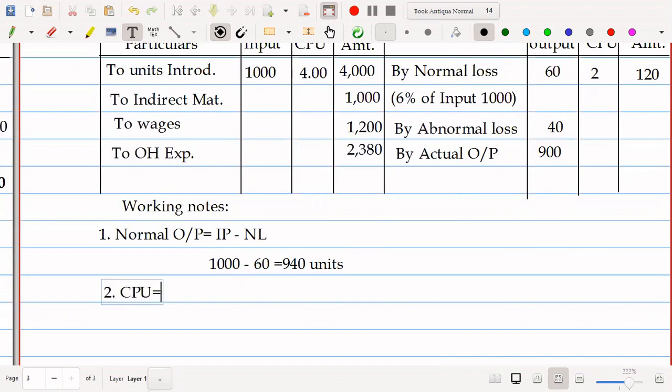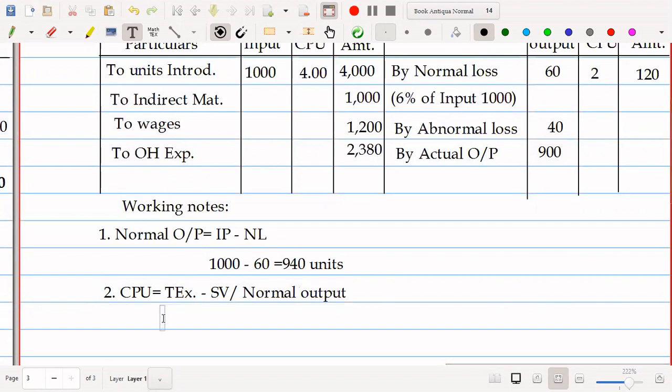CPU is equal to total expenses minus scrap value divided by normal output. So it will be confusing here, I'll write normal output.